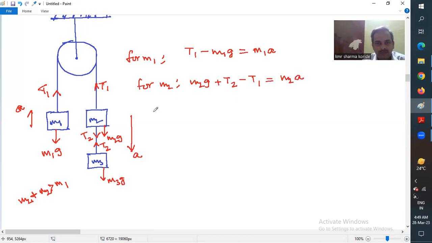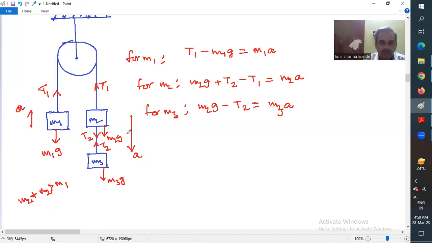Now for M3, its weight favors, but T2 opposes its motion, equal to M3A. Therefore, once you get these equations, you can proceed according to the question. Maybe the question asks to find T1 or acceleration or inertia. Just modifying these equations, you will get the result.